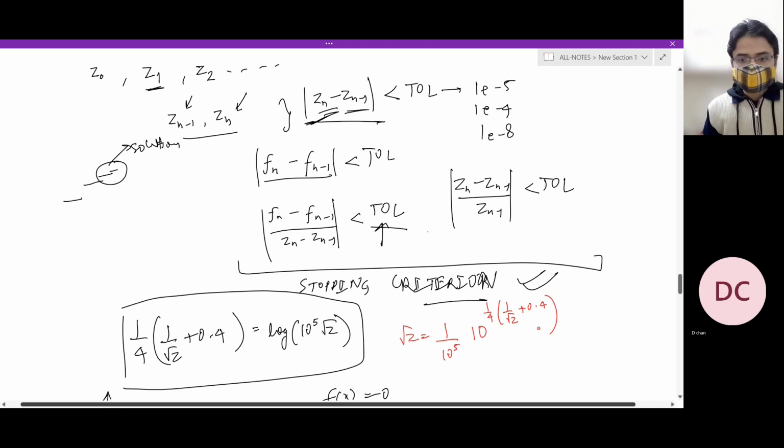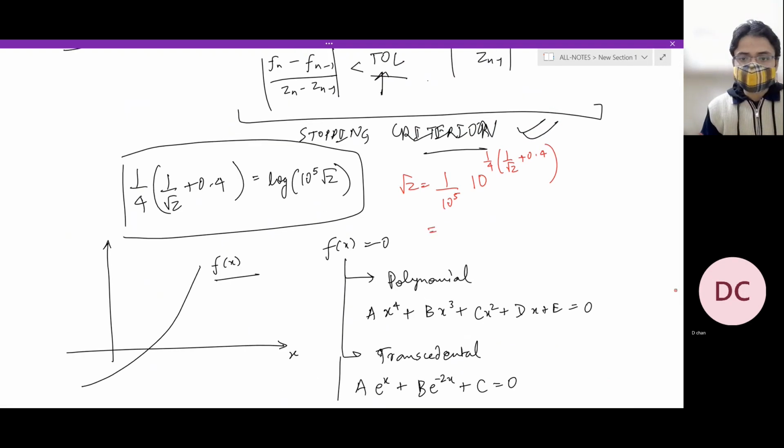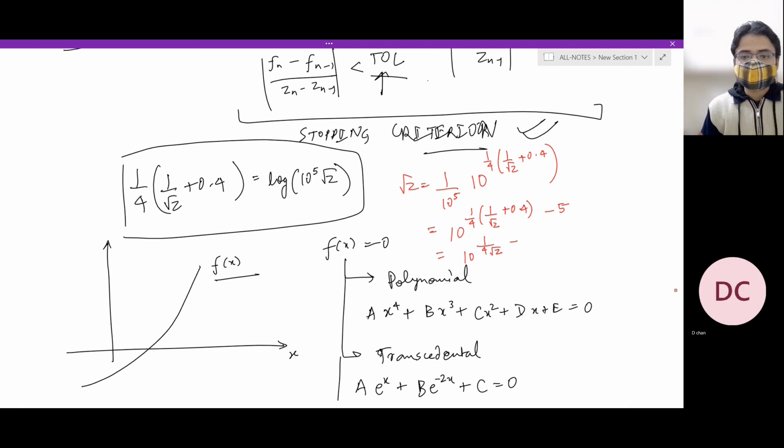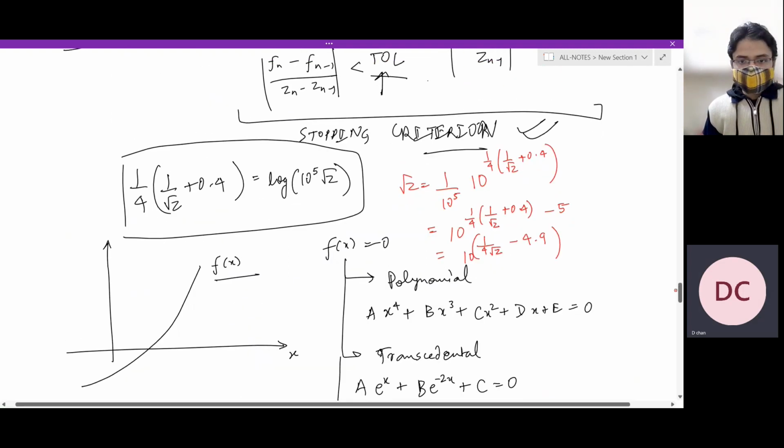And if you notice really carefully, you can simplify it more, as this entire thing might just be written as root z plus 0.4 minus 5. And this can maybe further be simplified, like for root z minus 4.9. This is perfect, right?